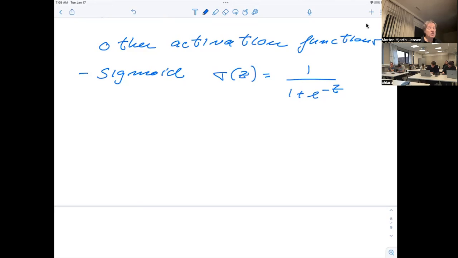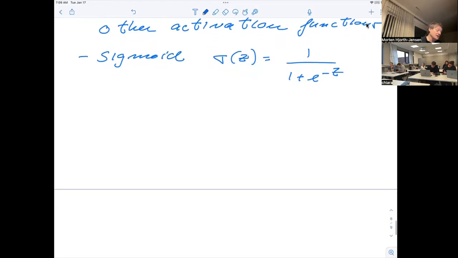It actually has a problem, however. It leads to what is called exploding gradients, or vanishing gradients. In particular, the problem of vanishing gradients has been one of the problems with the sigmoid function. Its derivative is simply given by sigma of z times 1 minus sigma of z.